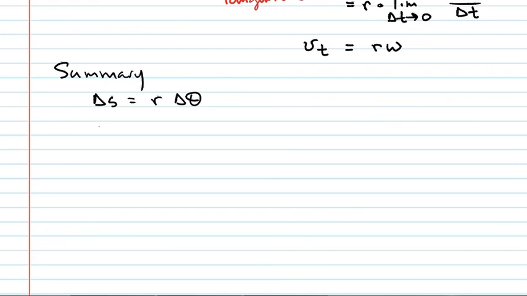And then we also have the tangential velocity is r times the angular velocity. Both of these equations, if they're going to be used in this form, require radians.